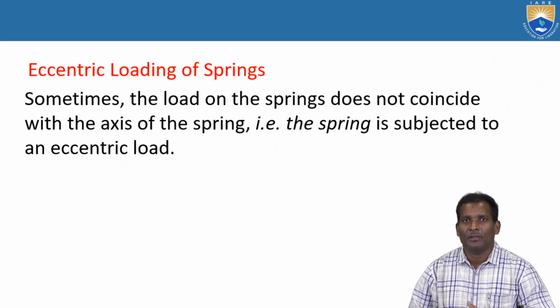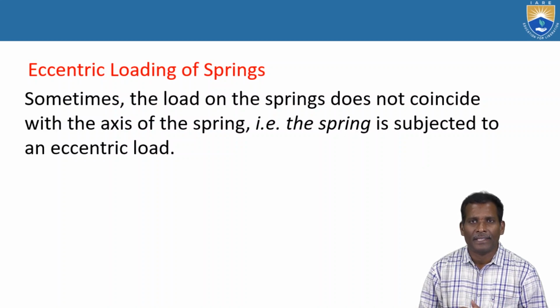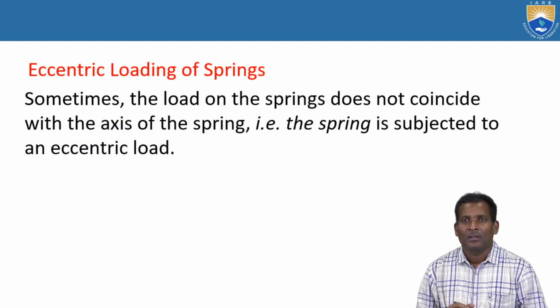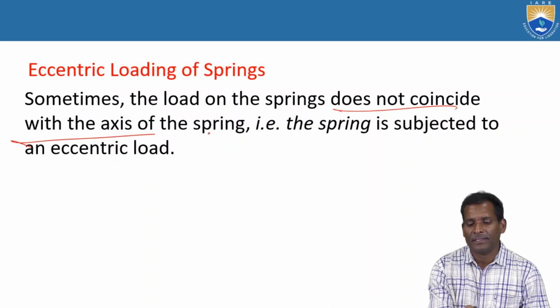Next term is eccentric loading. Sometimes the load does not pass through the center axis. That type of loading is called eccentric loading. The load on the spring does not coincide with the axis of the spring.